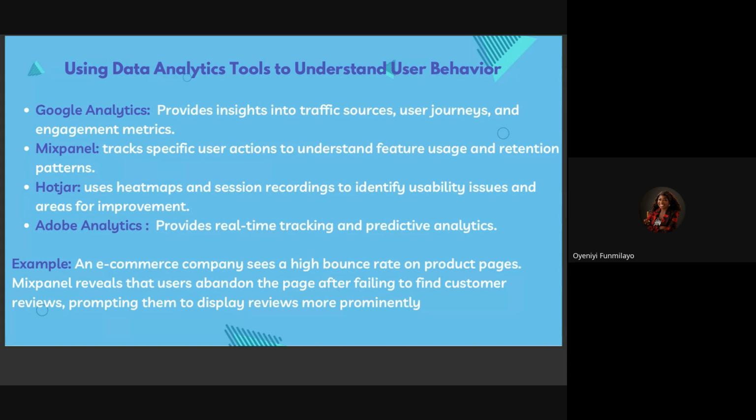You can also use Google Analytics to get insight on your user journey. How are people navigating on your product after onboarding? The first thing they're supposed to do, which is like the activation point. Let's say, for example, the activation point is to request for a trip, a ride, on Bolt.